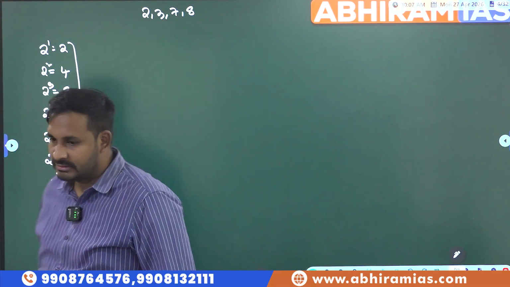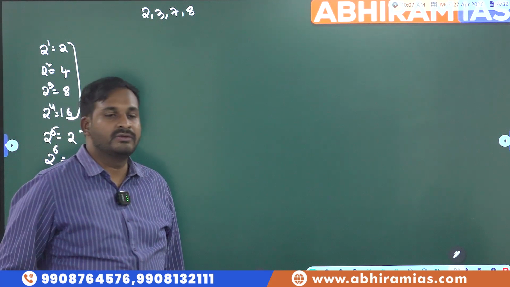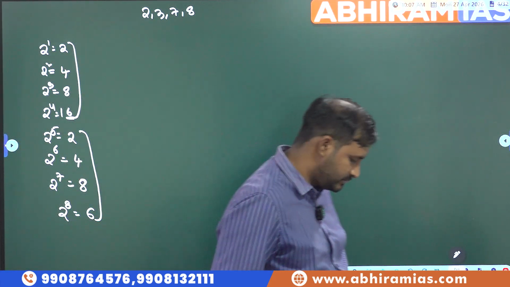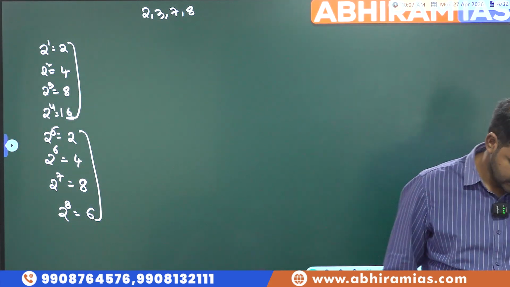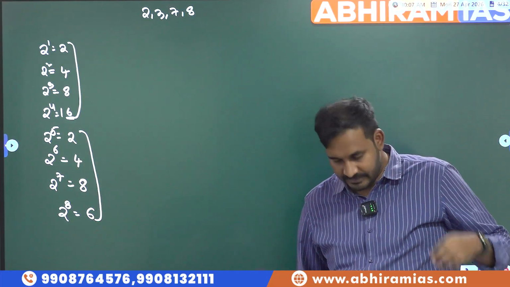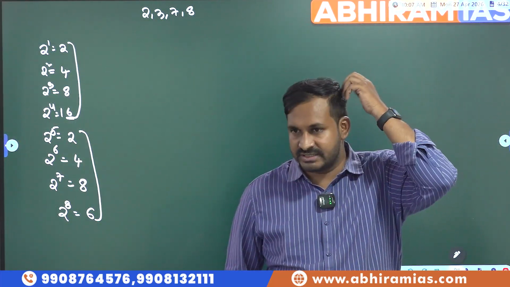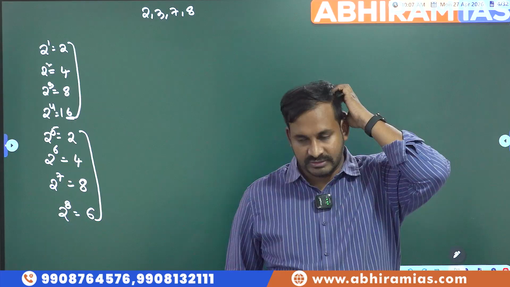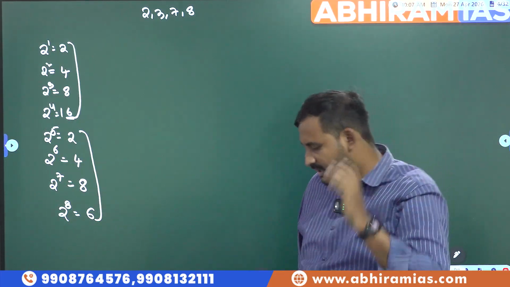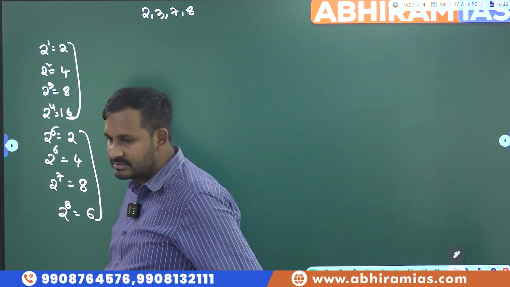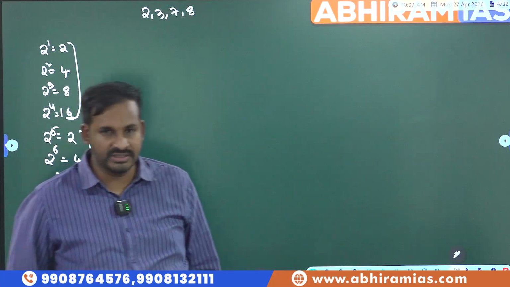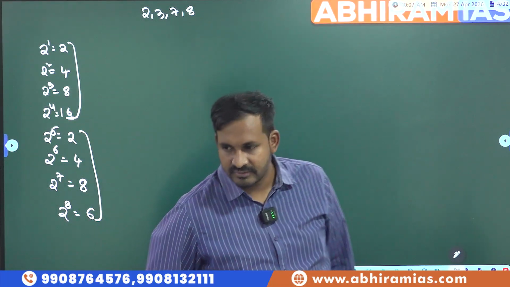Next point. The units digit will be the units digit of respective digits with remainder as power.